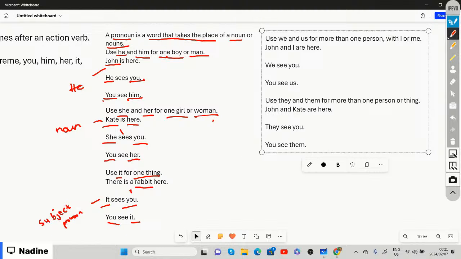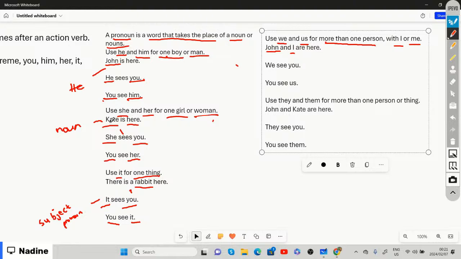And then we use we and we use us to refer to more than one person, also with I or with me. An example is, it says John, which is just our noun, and I are here. So John and I are here.